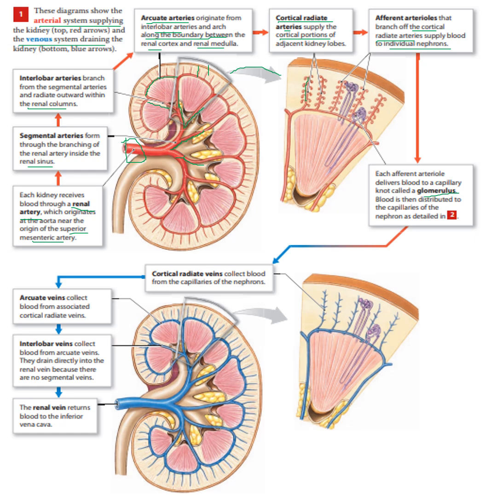Each afferent arteriole delivers blood to the glomerulus. From the glomerulus, the blood moves out by the efferent arteriole.